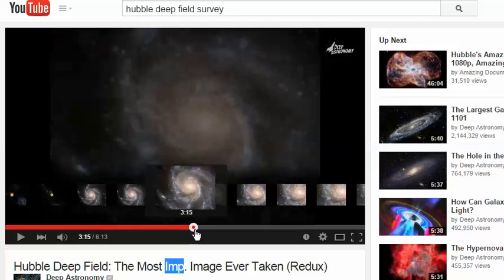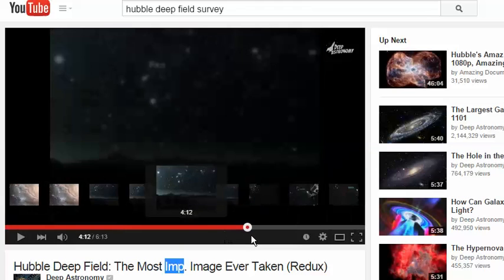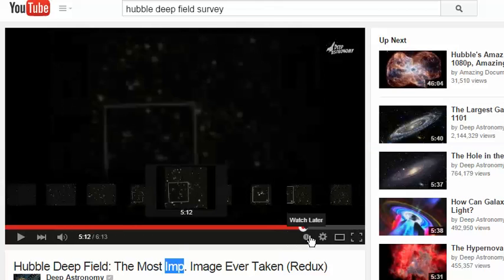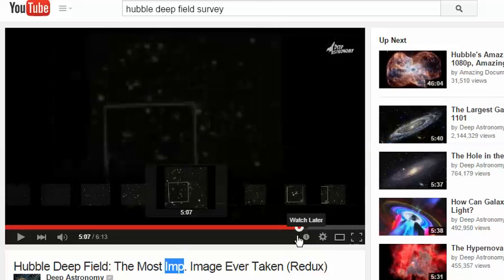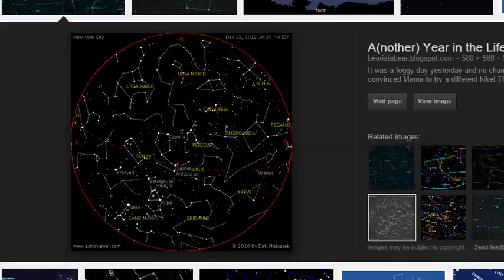But you can see in this video, he kind of zooms into the galaxy, and then he zooms... Oh yeah, here we go. Alright, let's check the accuracy of this video. Here is Orion. Here is the Big Dipper. And so, from the image I was looking at before, it looks like the location of the Hubble Deep Field Survey should be right there.